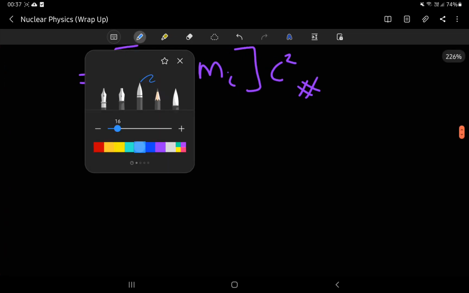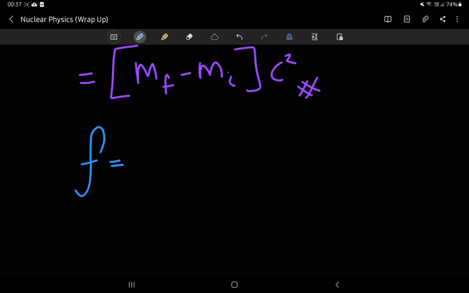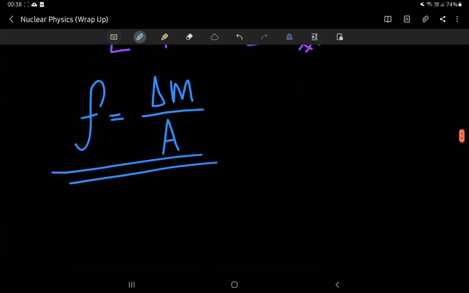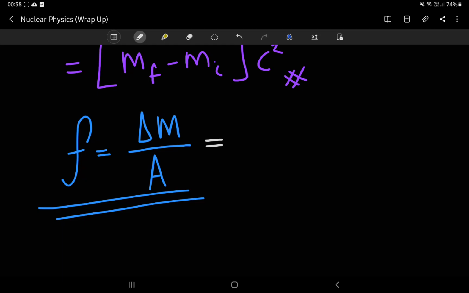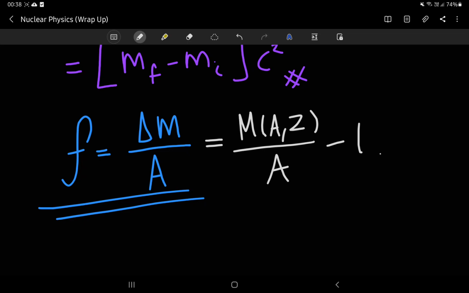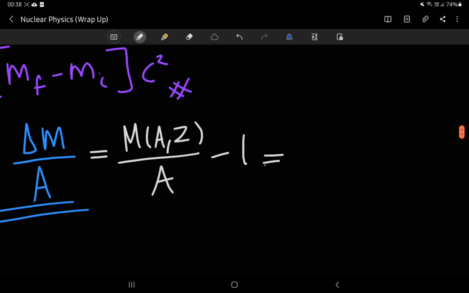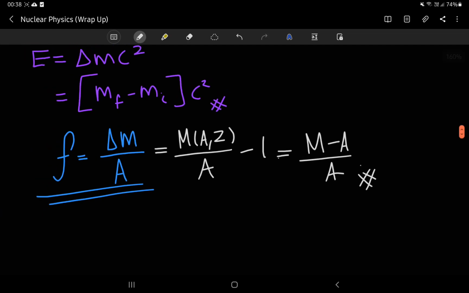So the packing fraction is defined as F equals to the mass defect M divided by the mass number A. So pretty simple, and this is equivalent to the mass of the nuclei divided by A minus 1, or M minus A divided by A. So this is equivalent.